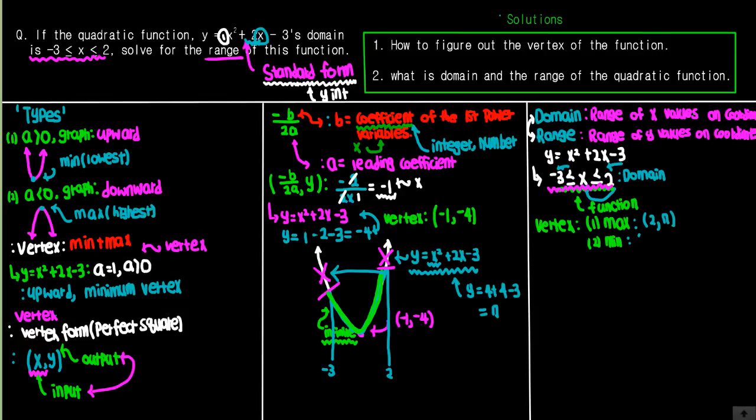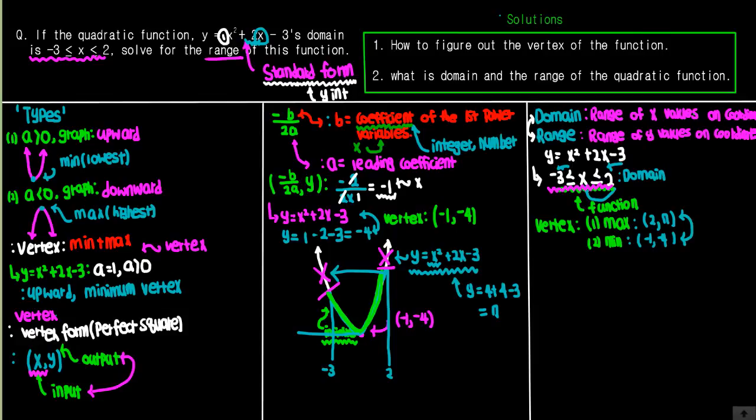And for the minimum point, it is the lowest point of our quadratic function, which is the vertex of our original function. So we can write -1 comma -4. So we found both the maximum and the minimum point of our new function, but our ultimate goal is to find the range of the function.